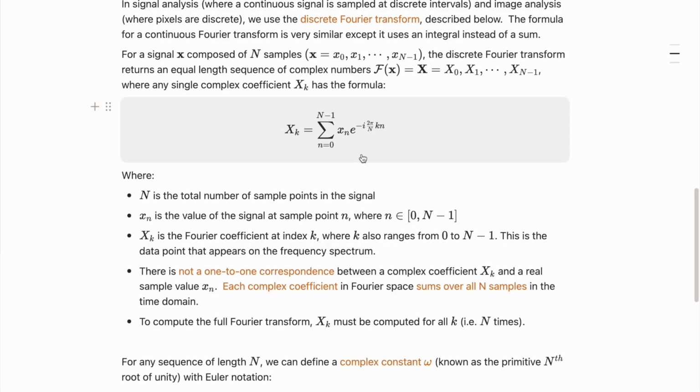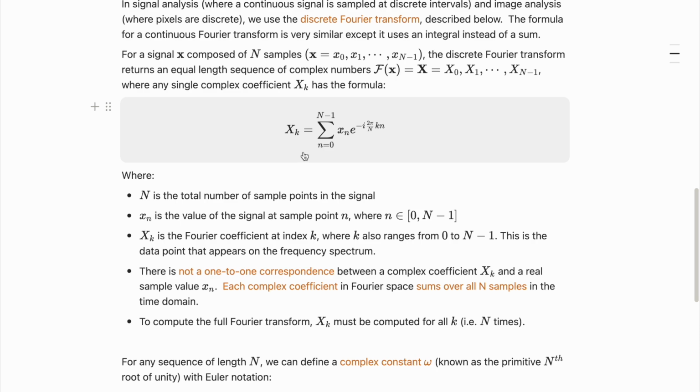Let's look at this formula. Little x sub n is just one sample in our signal. That is the value of the signal at one time point. We multiply that by this exponential function, and then we sum over all samples from x sub 0 to x sub n minus 1. And that gives us the Fourier coefficient at a particular index, 0 or 1 or k or n minus 1. Okay?